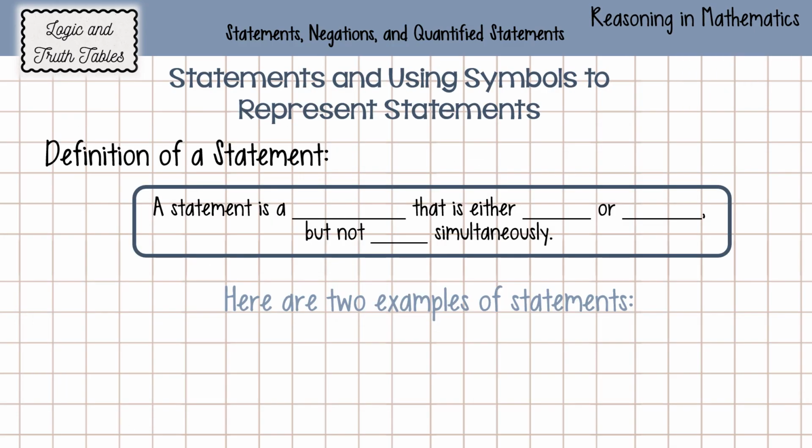Statements and using symbols to represent statements. So, definition of a statement. A statement is a sentence that's either true or false, but not both simultaneously. Two examples. London is the capital of England. That's a statement.